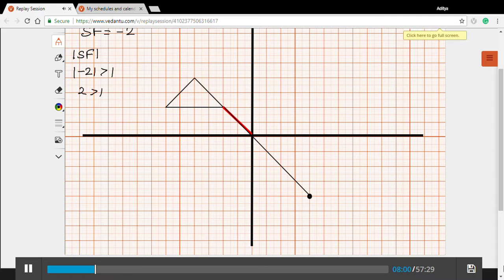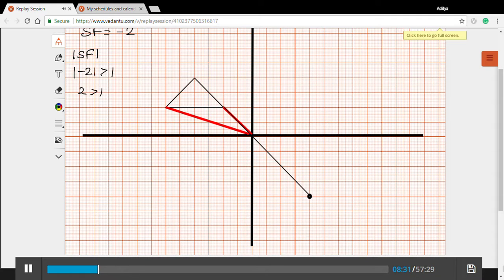Similarly, say this was 1, 2, 3, 4, 5, 6, and in the same manner it goes in the opposite direction from that point. The distance we consider was 6, so it goes 6, then 6 again.